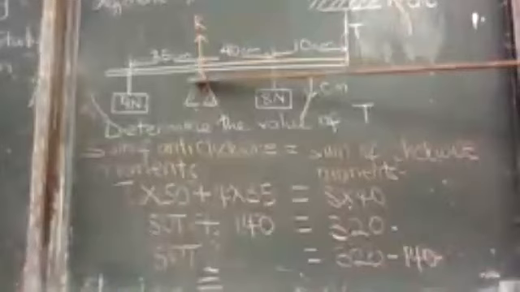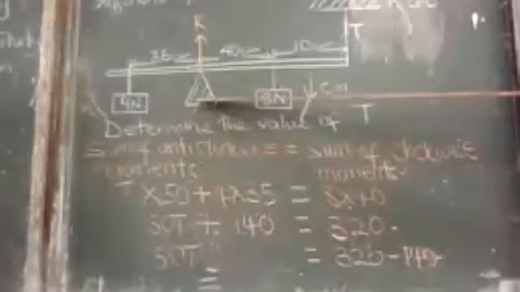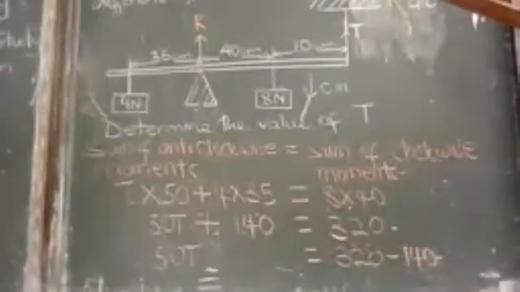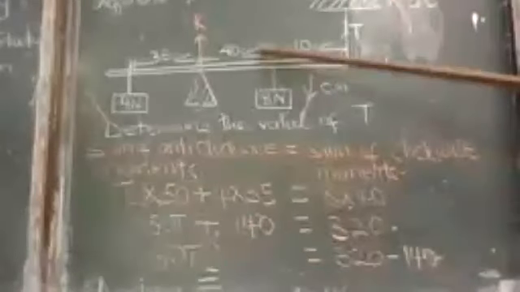So there is a reaction there, and there is a tension. These two forces summed up, acting in the same direction, give us the upward forces. Then the forces acting in the opposite direction must balance with these ones for this body to be in equilibrium.